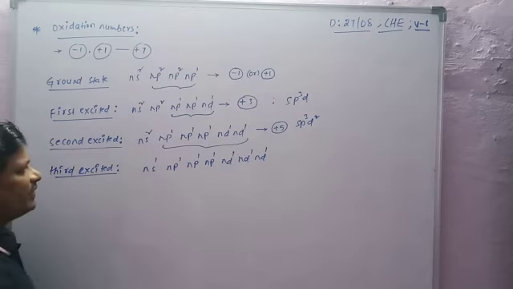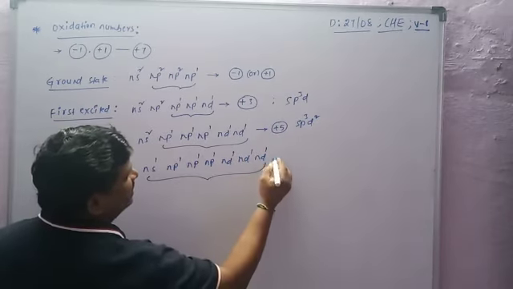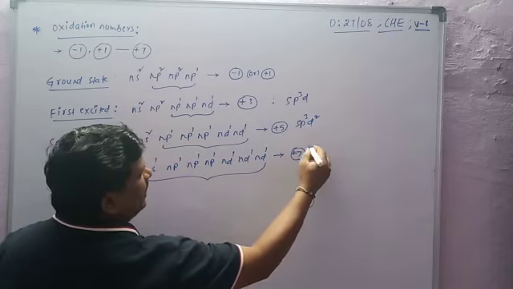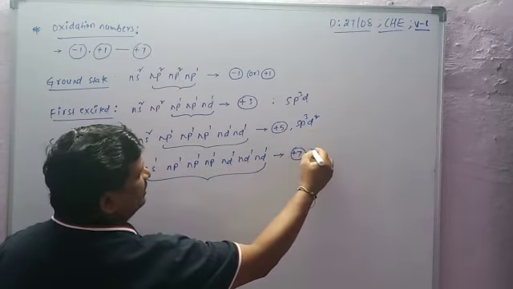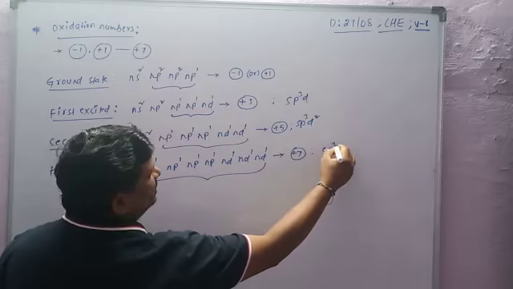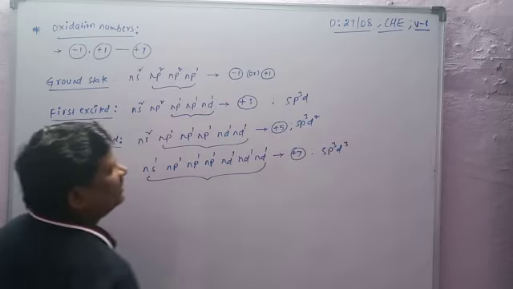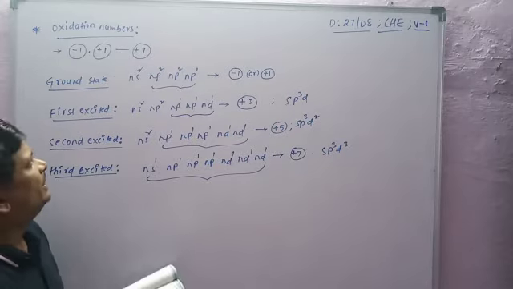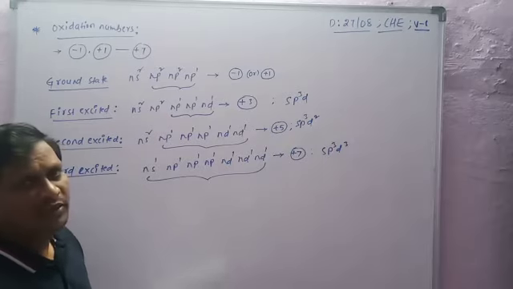The total number of unpaired electrons is 7, so the oxidation number is +7. Hybridization is sp3d3. In the ground state, there is no hybridization.